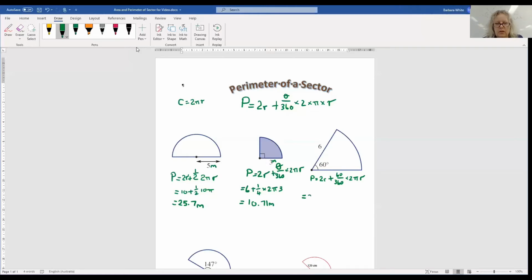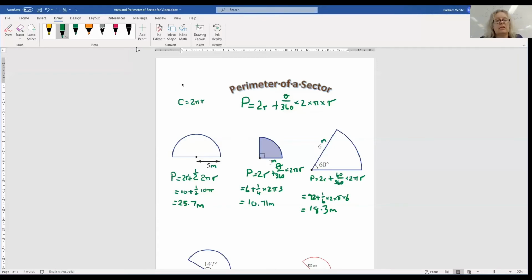Write that down here. 2 6s are 12, so I'll write 12 plus 1/6 times 2 times pi times the radius, which is 6. And then pick up the calculator, and I get 18.3. And we're going to make that meters as well.